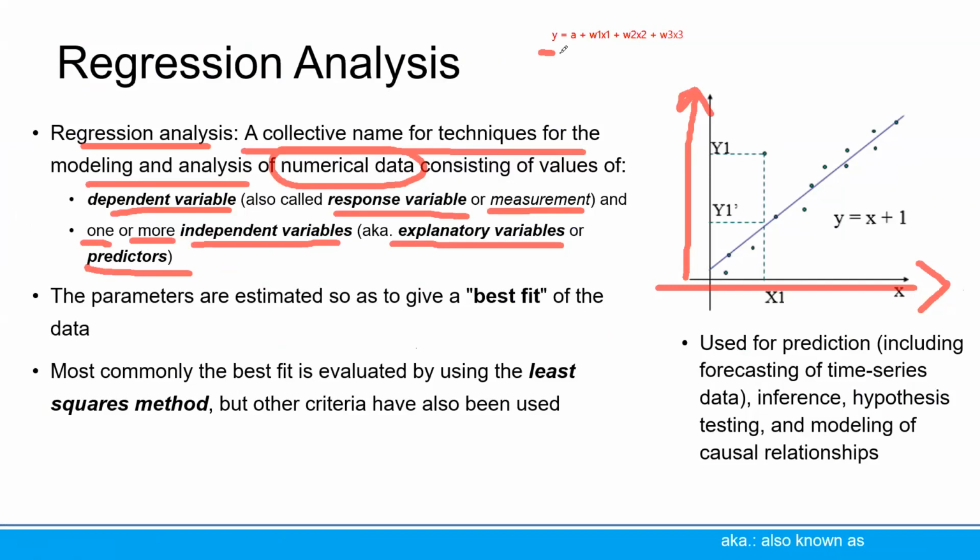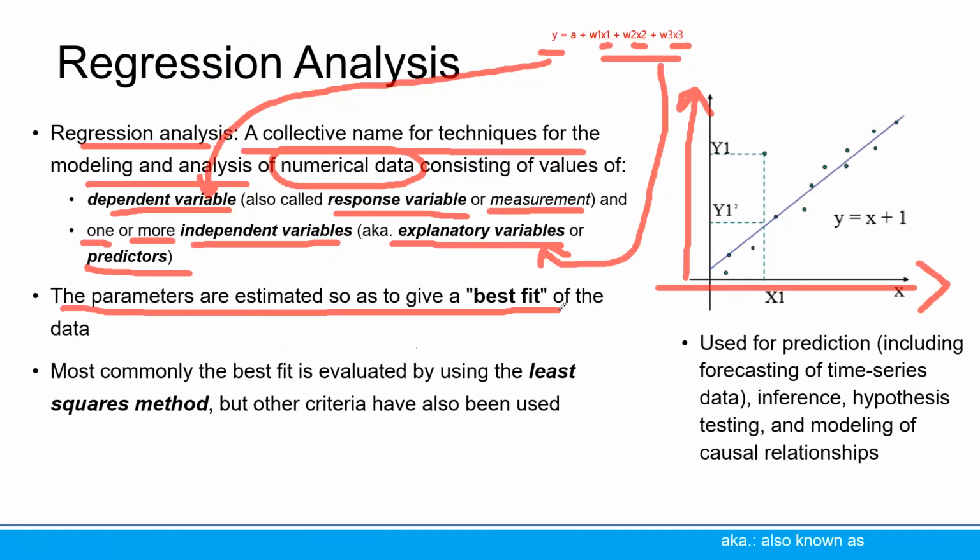We call y the dependent variable, and we call x1, x2, x3 the independent variables, or explanatory variables, or predictors. The parameters are estimated so as to give the best fit of the data.